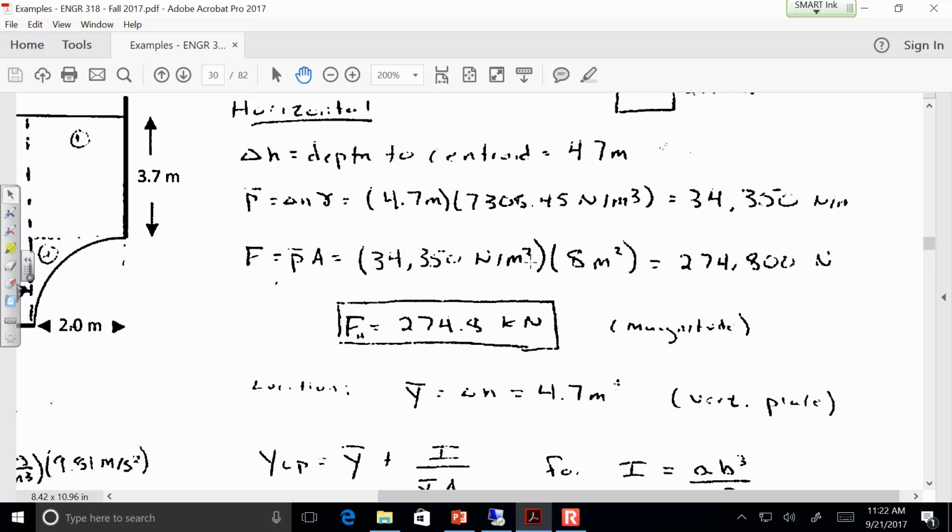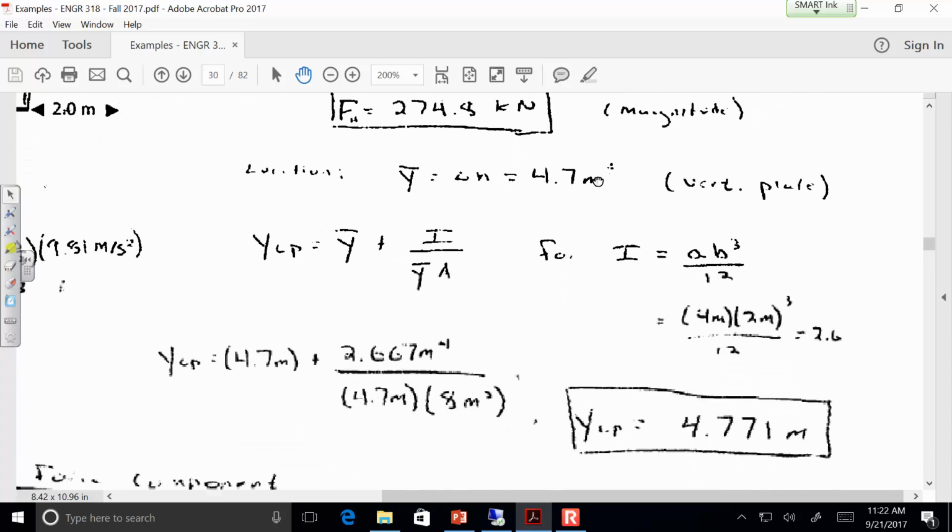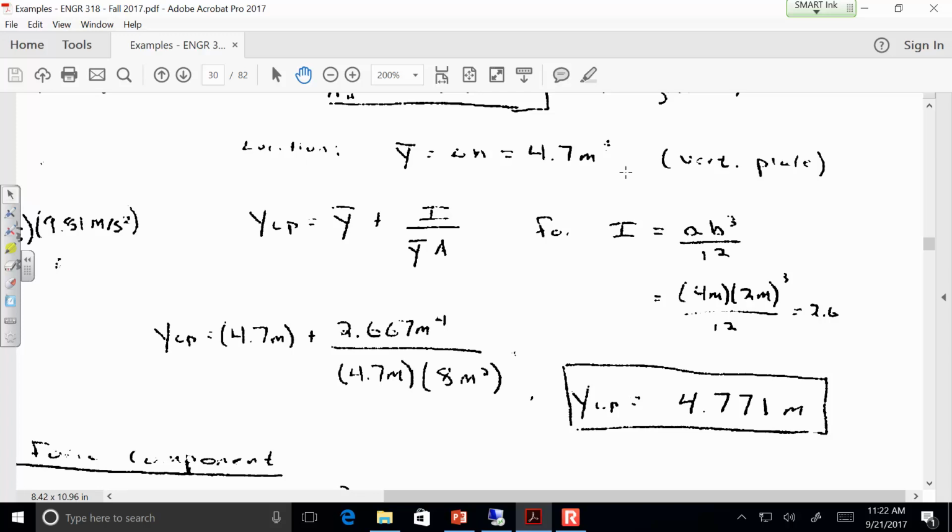The next thing it asked for was the location of the horizontal force. And since that's a vertically oriented rectangle, the y bar is equal to delta h, and so y bar is 4.7 meters. And so in calculating y_cp, we use the 4.7 as the y bar.